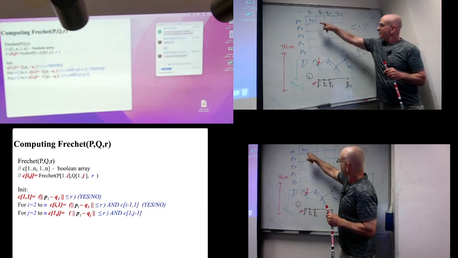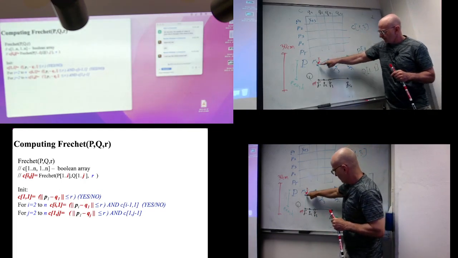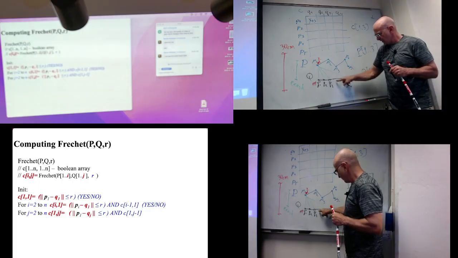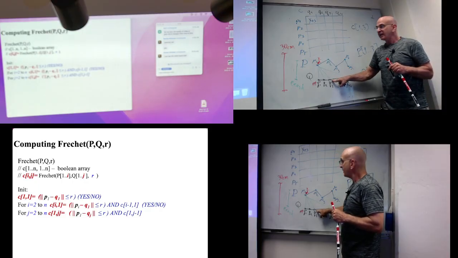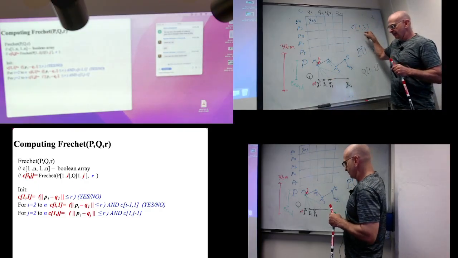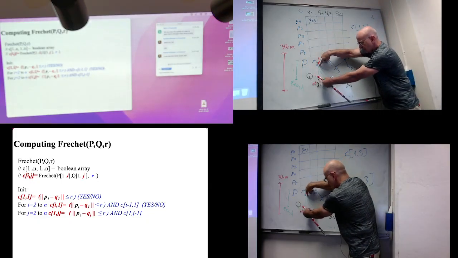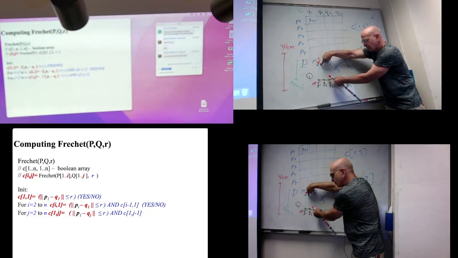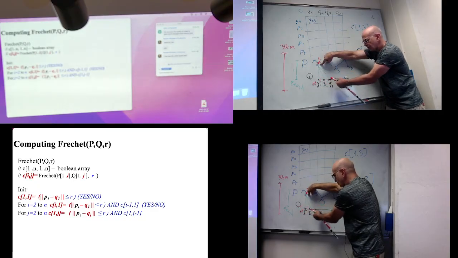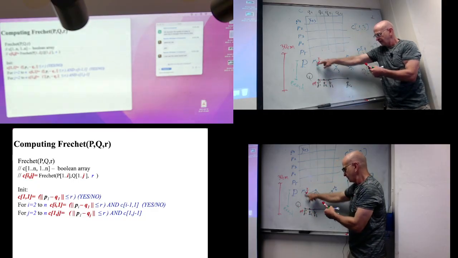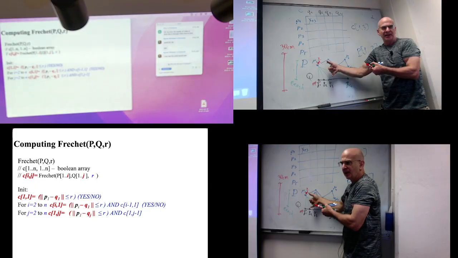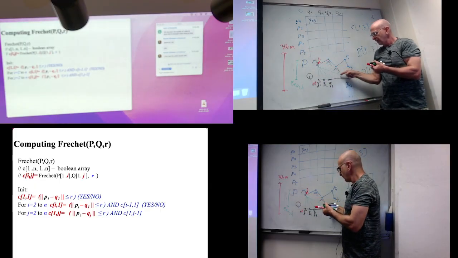Okay, I'm looking at C1,3. The person is glued to P1. The dog is at Q3. And what should C1,3 stand for? Whether the person can stand here and the dog will continue all the way from Q1, Q2, Q3, and be at no more than distance R, where a leash of distance R will do.